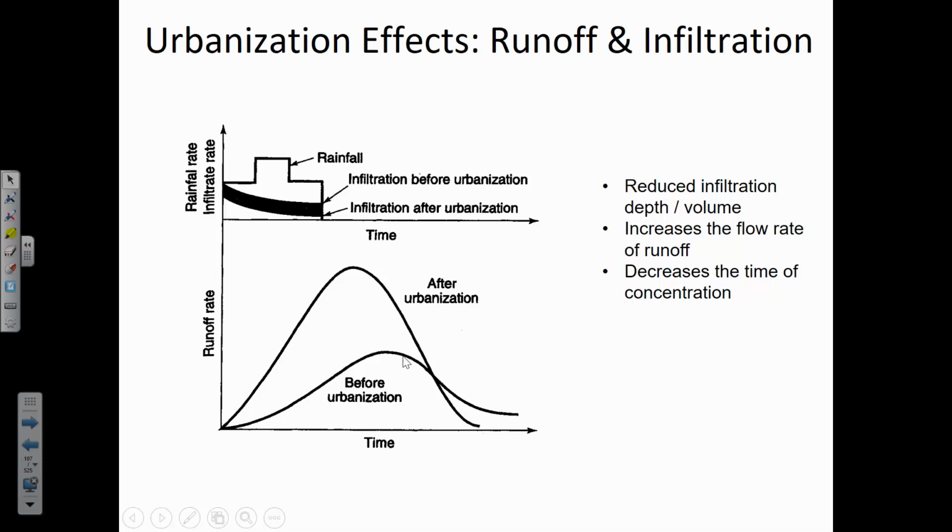So we could look at the time here. It was raining during these time periods, and so we have to wait some amount of time before we see the peak. The peak comes faster after an area has been urbanized because, as it's been pointed out, the surface is more smooth, so water can flow over the face of concrete a lot faster than it can flow over forest litter.